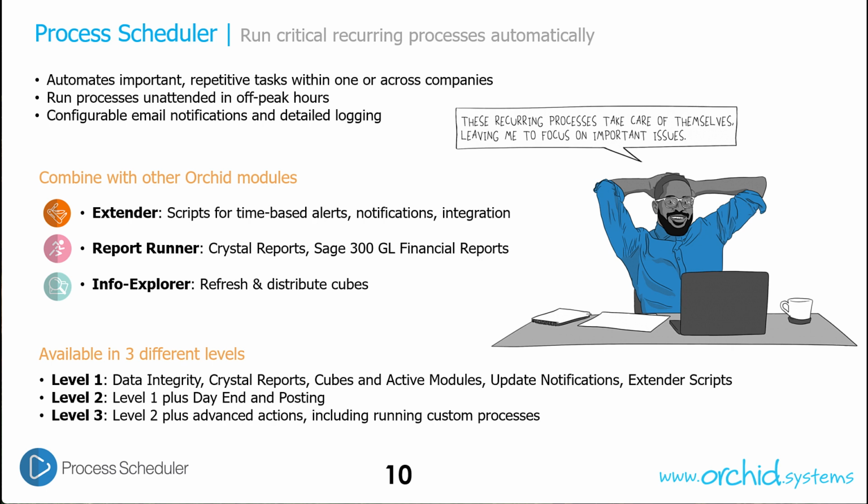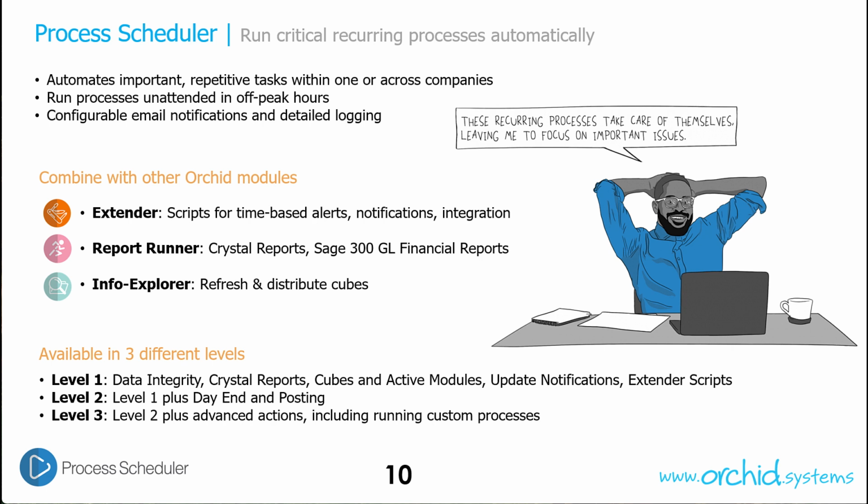Level 1 allows you to schedule data integrity checks, dumps and loads, to run Crystal Reports saved in Report Runner, refresh Info Explorer cubes, notifications on active modules, schedule Extender scripts, plus more. Level 2 includes all the Level 1 actions and also includes day-end processing and posting of batches in AR, AP, GL, IC, and PJC.